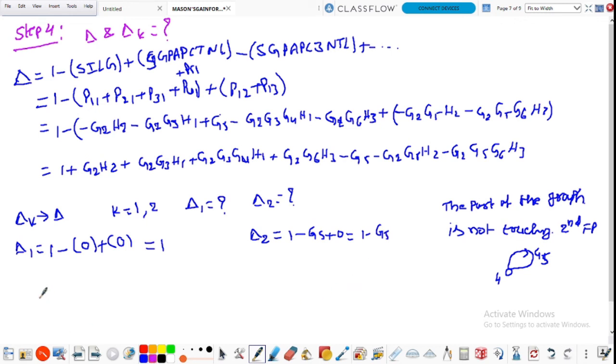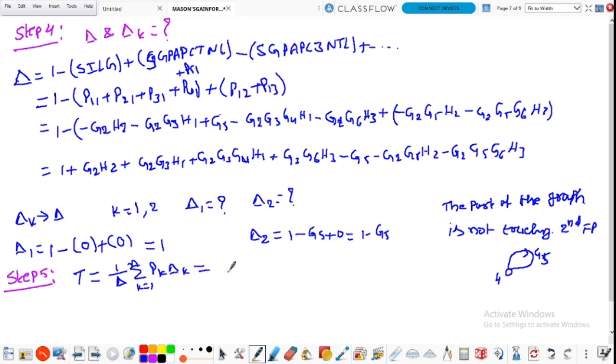Next, finally calculate the transfer function of the system, that is step number 5, the determination of the transfer function. So what is the expression of the transfer function? Using Mason's gain formula, the transfer function T is equal to 1 by delta, sigma k equal to 1 to n, p suffix k into delta suffix k, where small n is the number of forward paths.